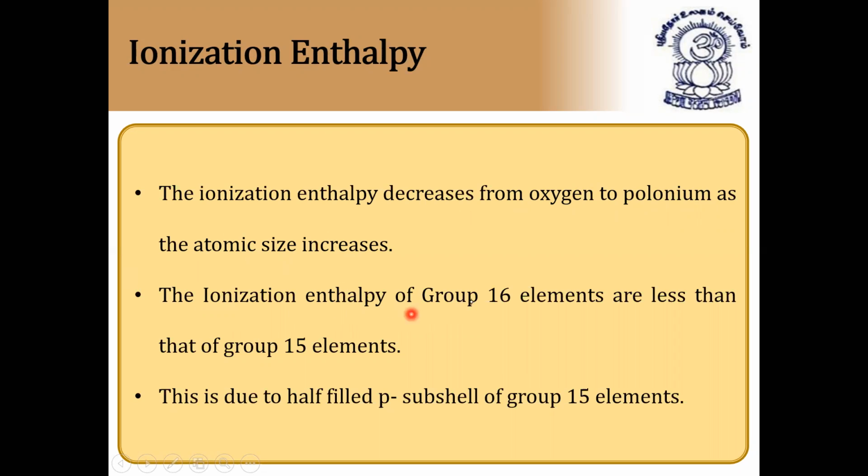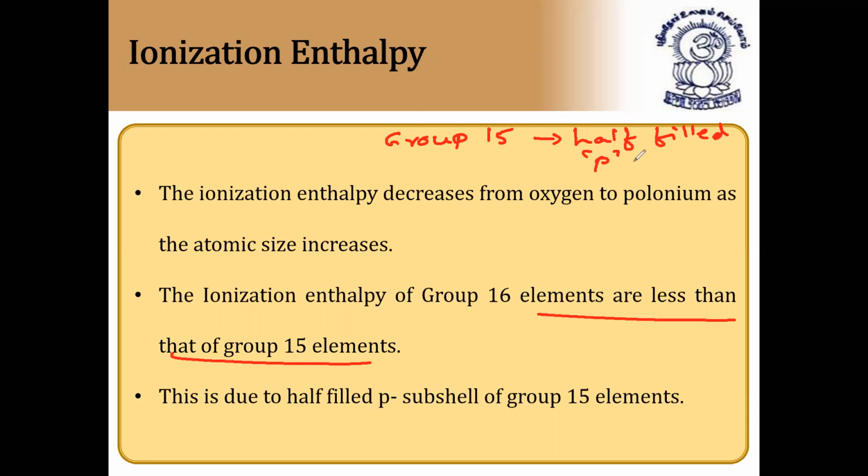And the ionization enthalpy of group 16 elements is less than group 15. Very, very important point. Why is group 15 greater? Group 15 elements have more ionization enthalpy because they have half-filled p orbitals, and half-filled p orbitals are more stable.